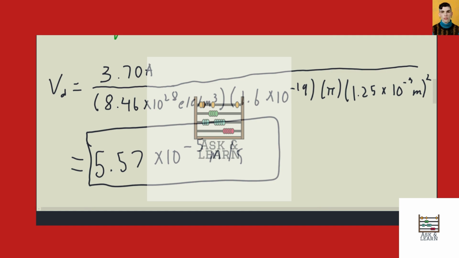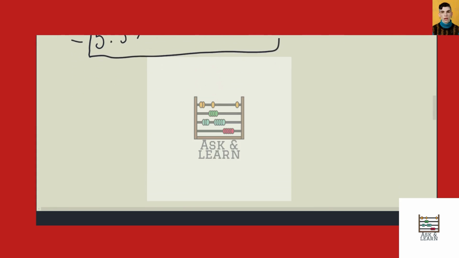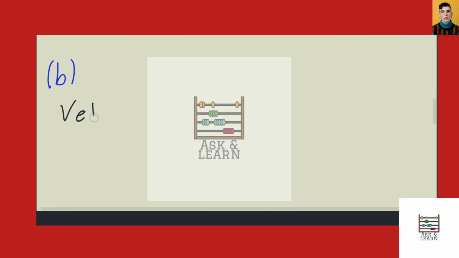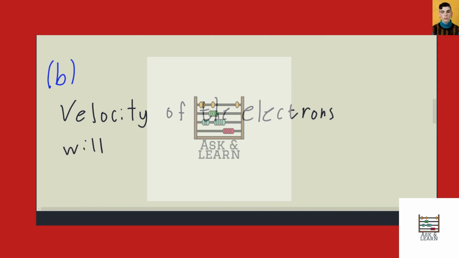So next we need to explain what will happen to the drift speed if there's a large number of conduction electrons per atom in the wire. So in this case, we're going to say that the velocity of the electrons will decrease.